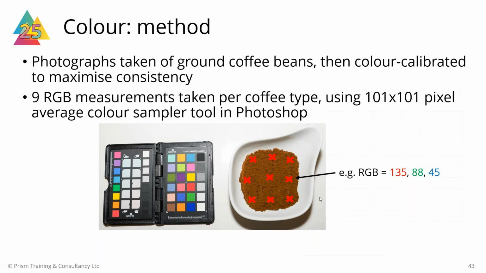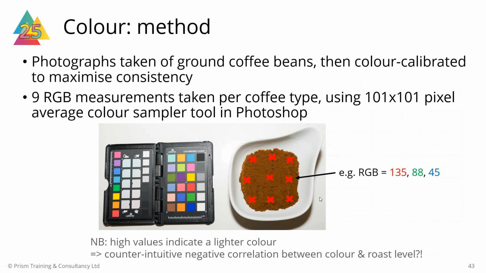The only downside to this approach is that the higher the number is, that's basically indicating a lighter colour, whereas I was hoping, and I should have thought about this a bit more carefully at the start, that the higher number would indicate a greater level of roast, so a darker roast, whereas in fact there's a negative correlation between the measured colour number and the amount of roasting.